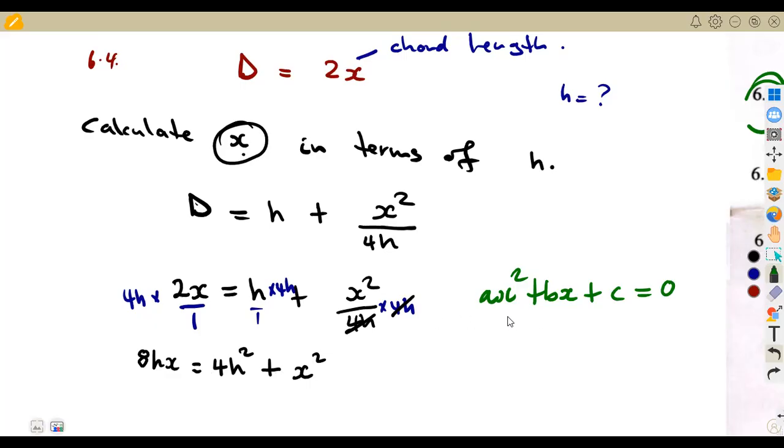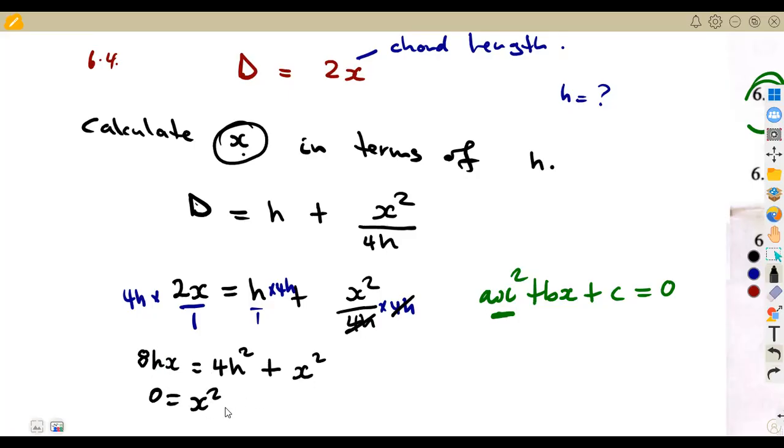So ax squared, which is this x squared here, bx, which is where there's x here, which is our b is 8h. So you're going to take this to the other side. All right, so definitely there is going to be a negative there. This was a positive, so 0 is equal to x squared.